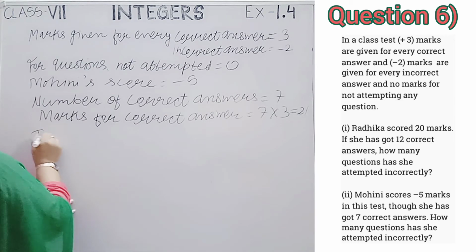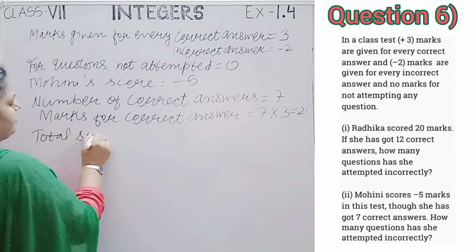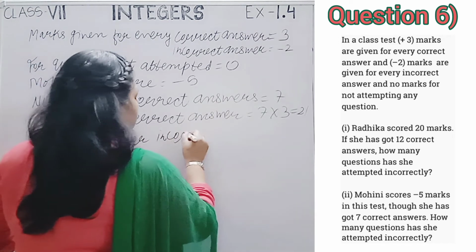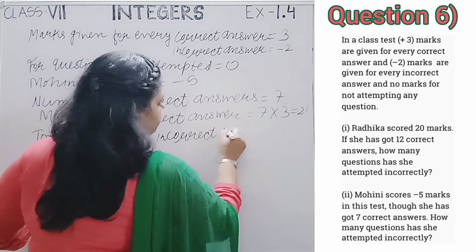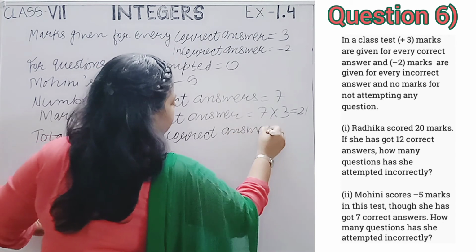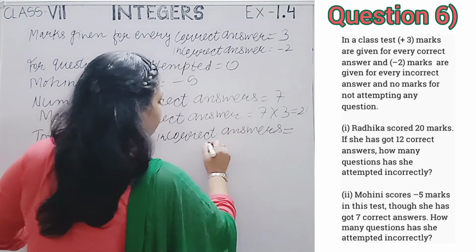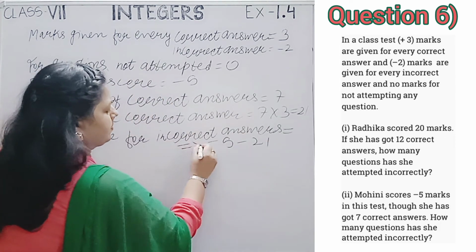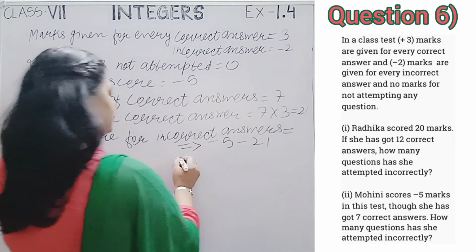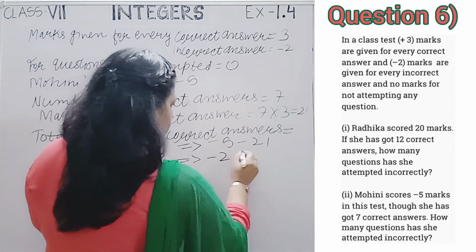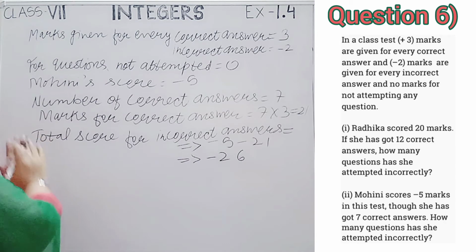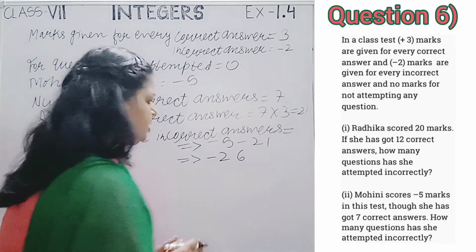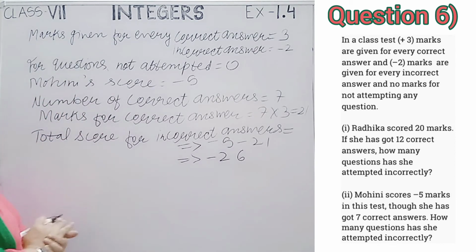So total score for incorrect answers, it means minus 5 with 21. So total score for incorrect answers equal to minus 5 minus 21. And minus 5 minus 21 is minus 26. It means her score is minus 26 for giving incorrect answers. So we have to find out the number of incorrect answers.